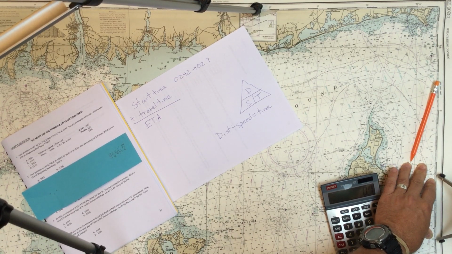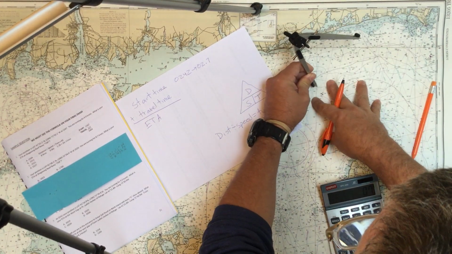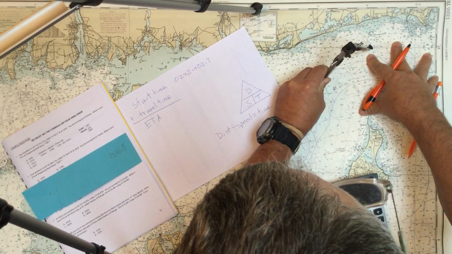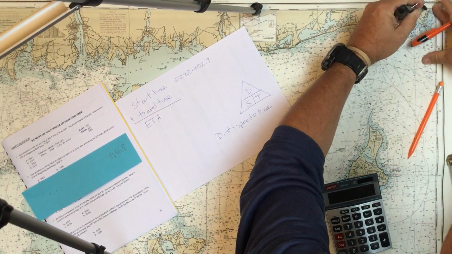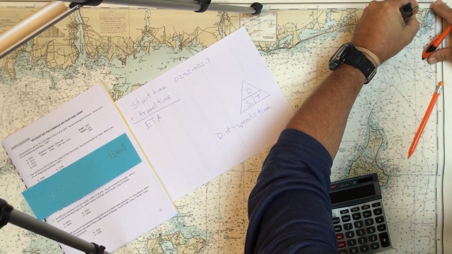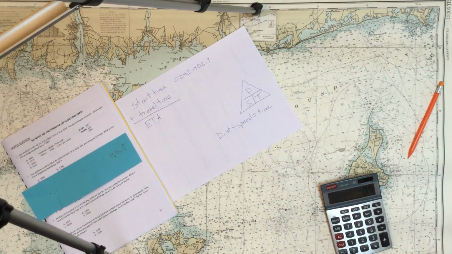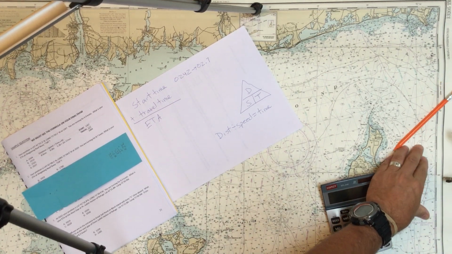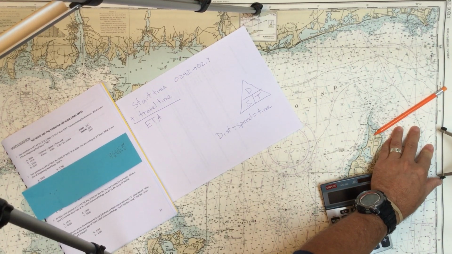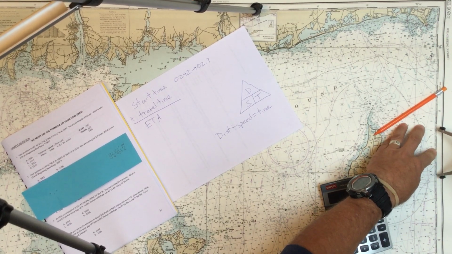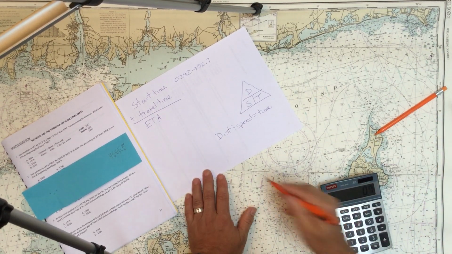Now I'm going to simply go between my two spots. So I've got 5 plus whatever this number is. 5 plus 5, 6, 7, 8.6. I'm going to call that 8.6.